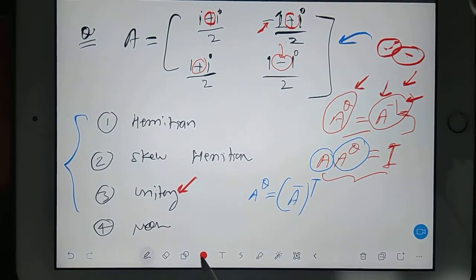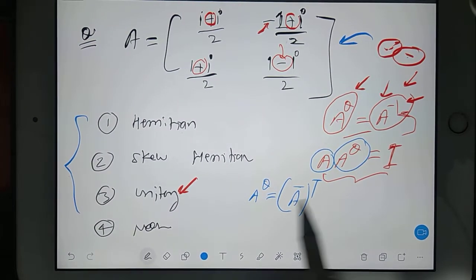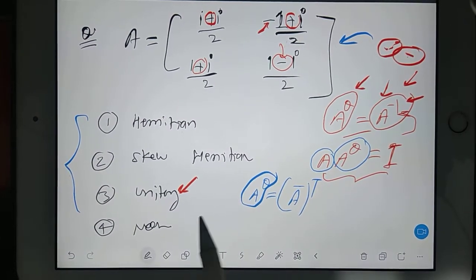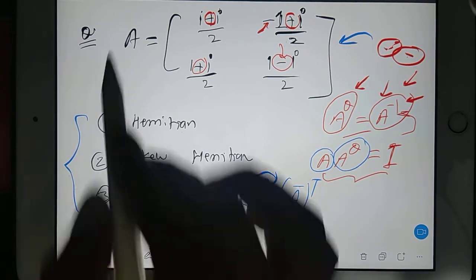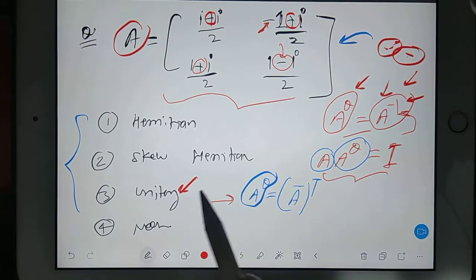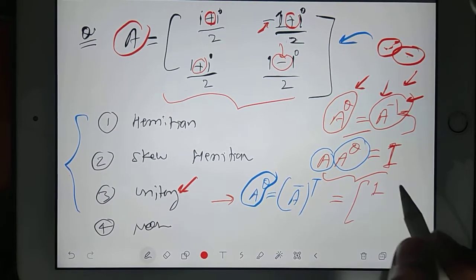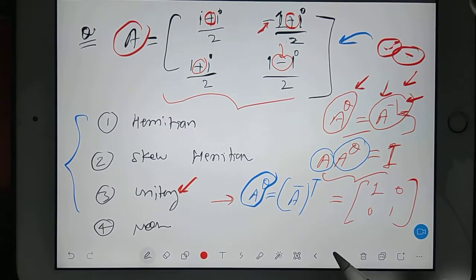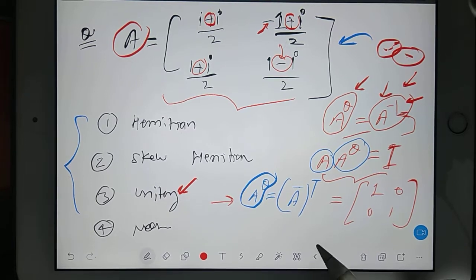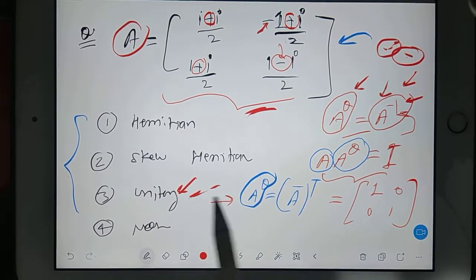Okay. So once you get the A power theta value, from the left side you multiply A, meaning the bigger matrix. If you do that, then you will be getting 1 0 0 1. If you do that, then you can say okay, it means the given example is a unitary matrix.